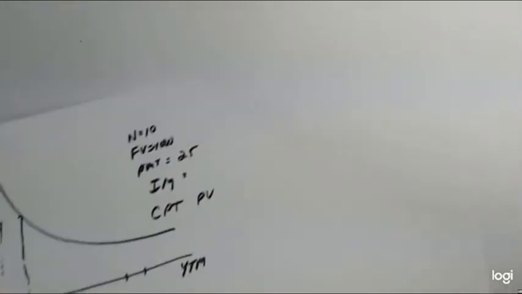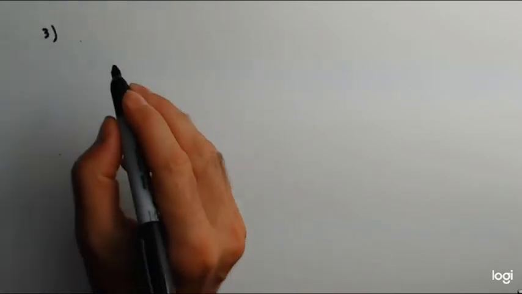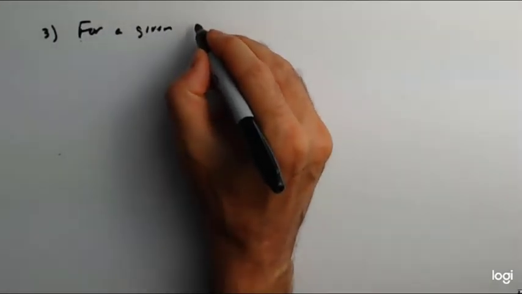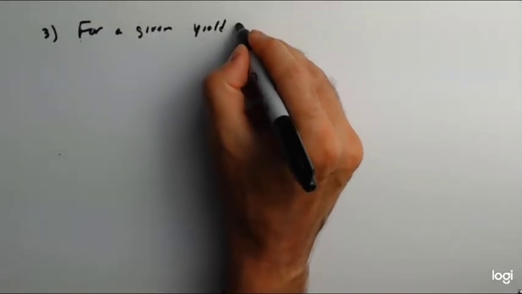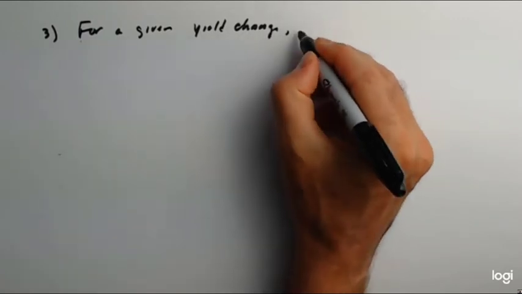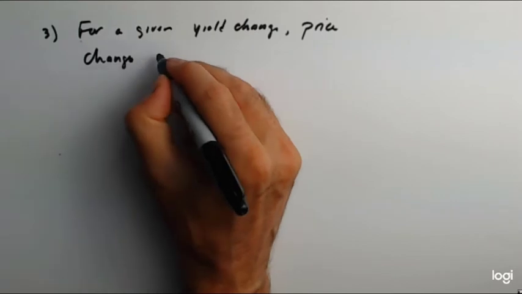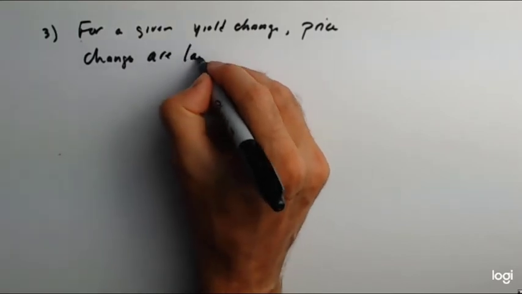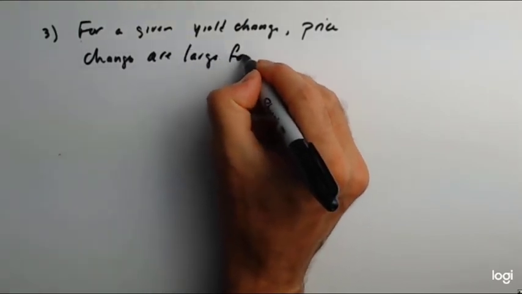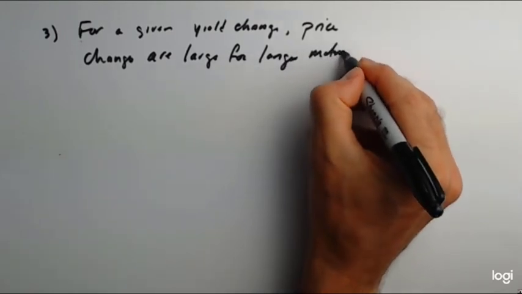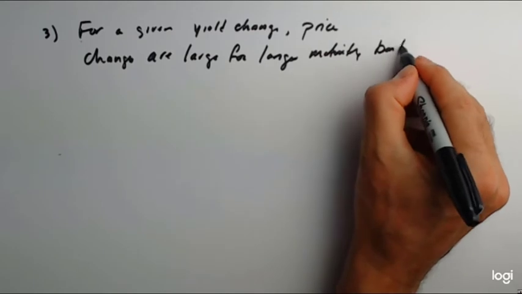So now let's look at the other two relationships. We can cover them in one shot here. So item 3 basically said for a given yield change, price changes are larger for longer maturity bonds.